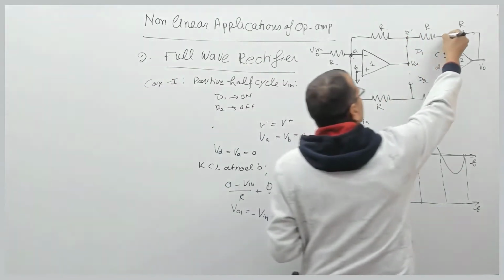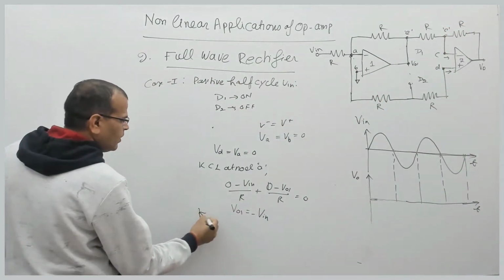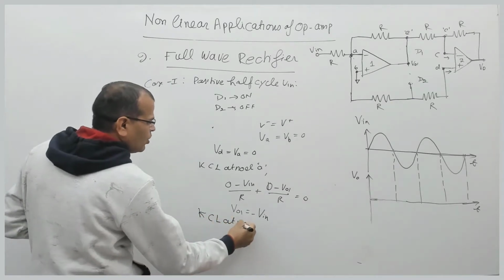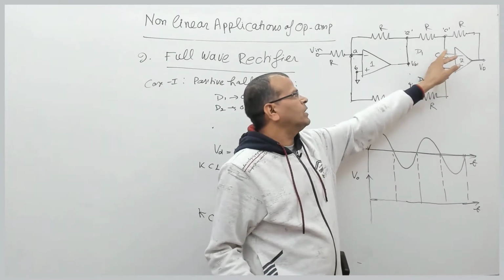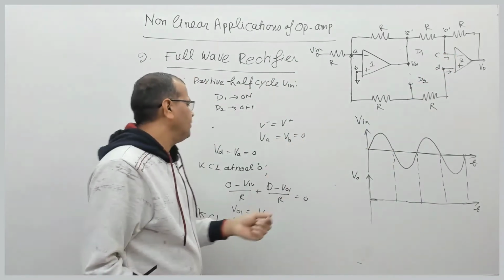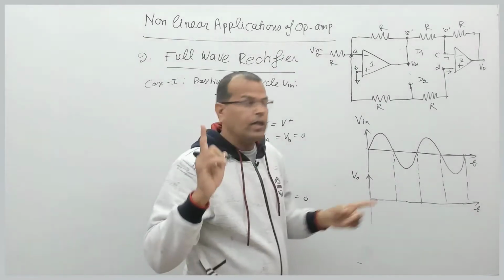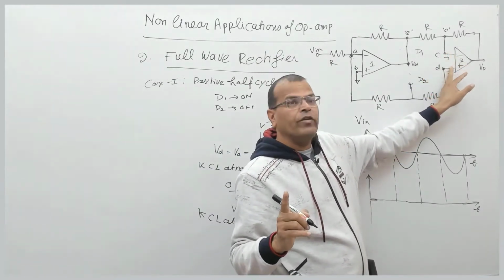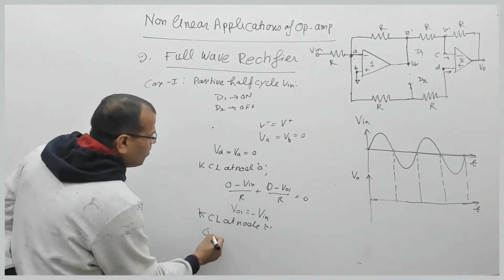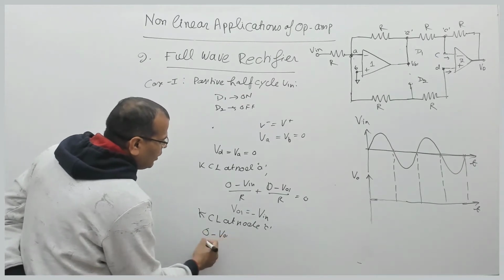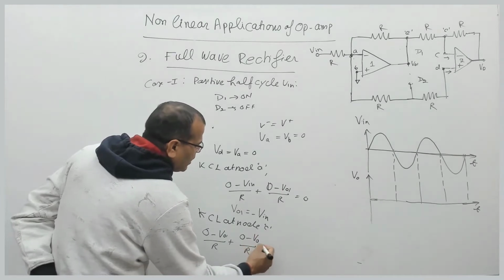Now this is node C. So apply KCL at node C. The voltage at node C is 0; we have already seen that, because for an ideal op-amp the voltage at the inverting terminal is the same as at the non-inverting terminal. So VD is 0, so VC will be 0. So (0 minus V01)/R plus (0 minus V0)/R is equal to 0.